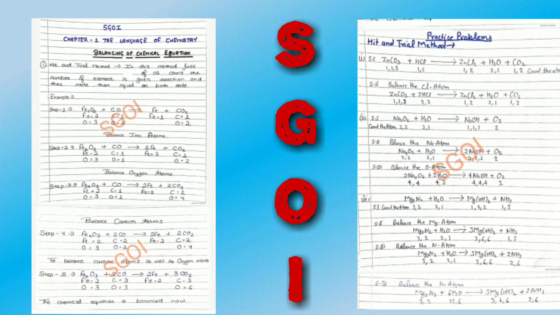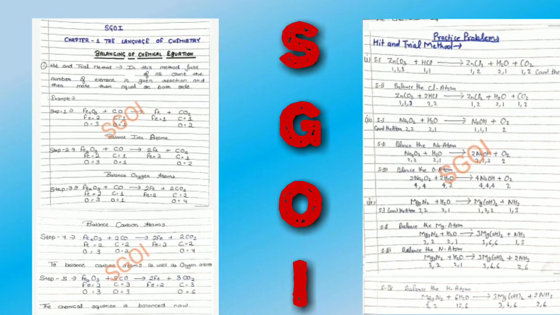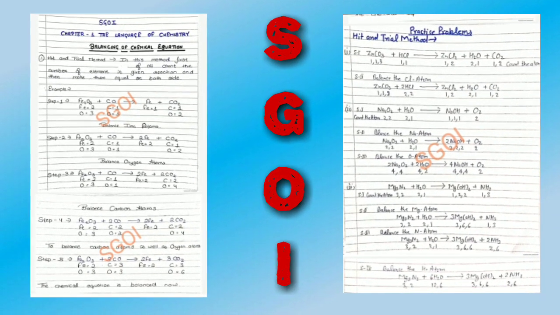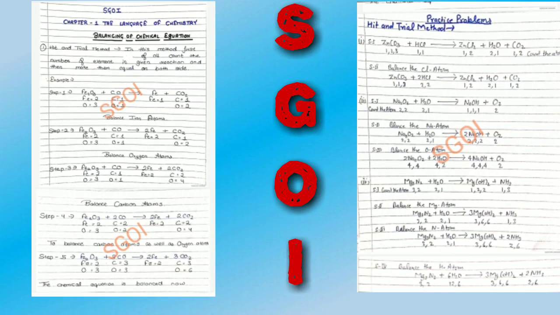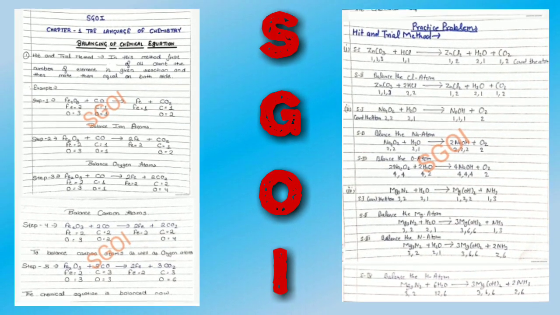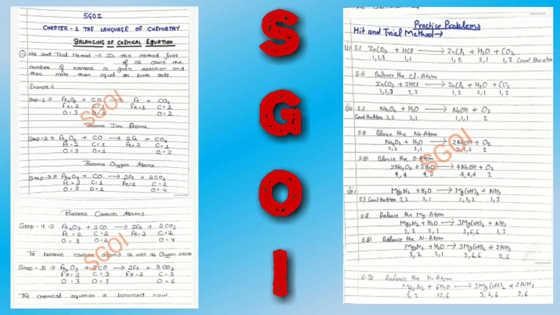First we count the number of atoms on both sides. Zinc 1, carbon 1, oxygen 3, hydrogen 1, chlorine 1, and product side zinc 1, chlorine 2, hydrogen 2, oxygen 1, carbon 1 and oxygen 2.